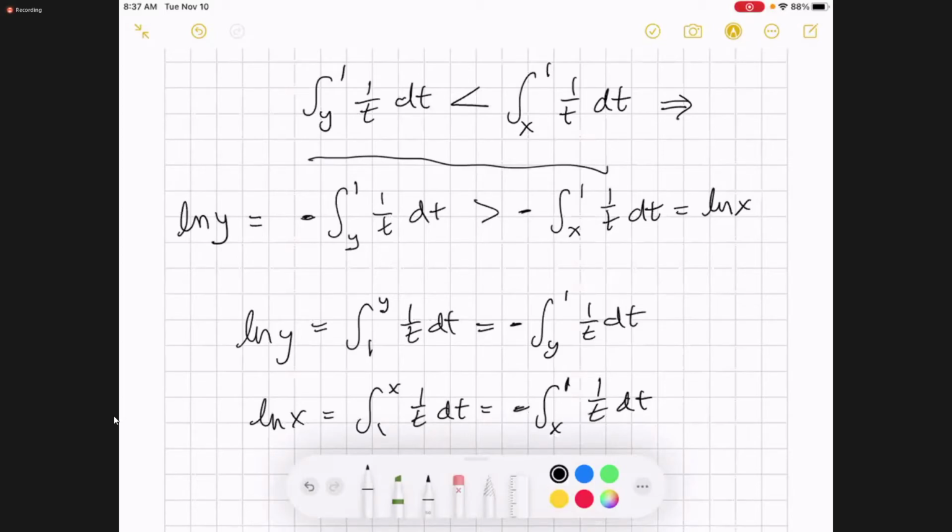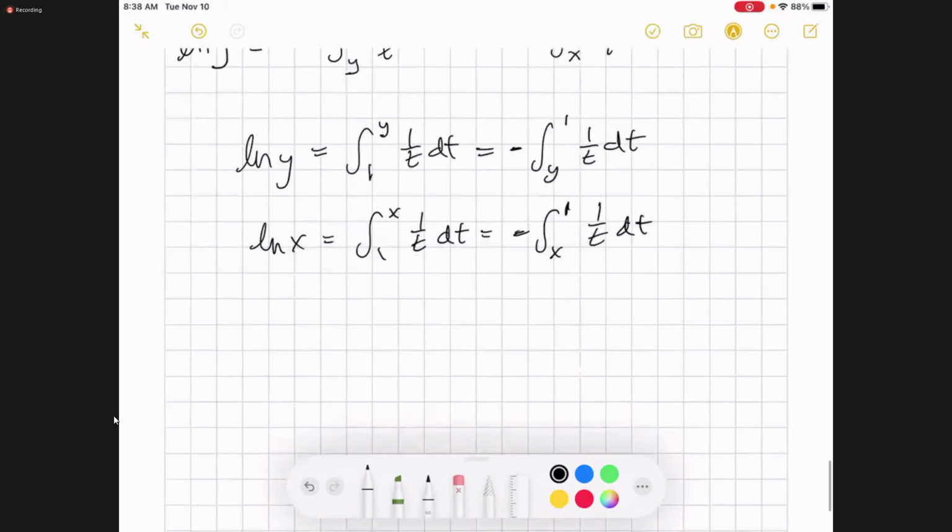Okay, so ln of y is greater than ln of x. In other words, just looking at two numbers less than 1 but positive, we still have this inequality.